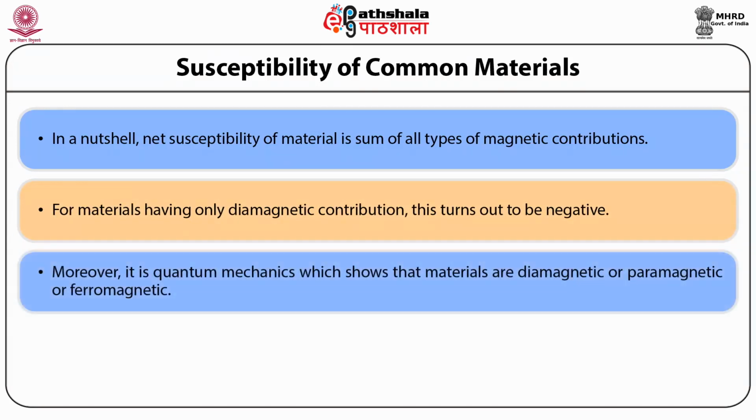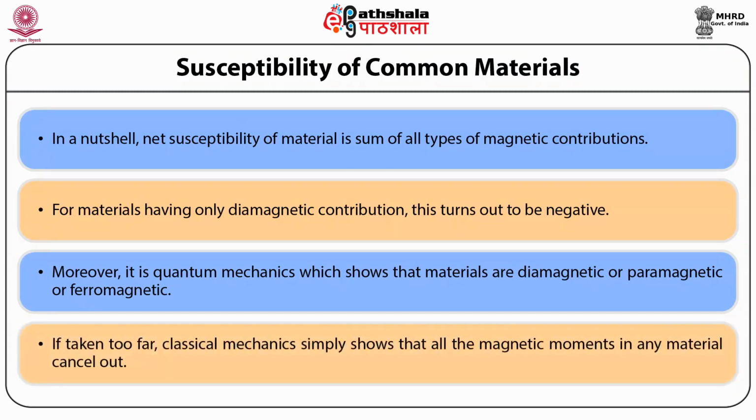Moreover, it is quantum mechanics which shows that materials are diamagnetic or ferromagnetic or paramagnetic. If taken too far, classical mechanics simply shows that all the magnetic moments in any material cancel out.